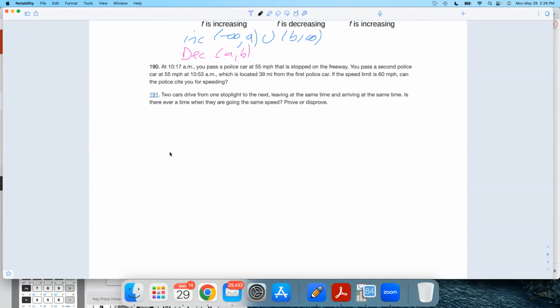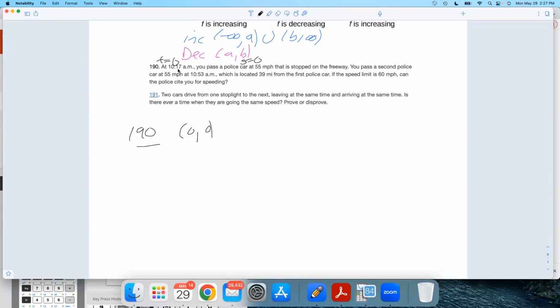Okay, so number 190 here, you pass a police car at 10:17. Let's call this time 0, so let's say that's t equals 0. And let's say this police car is at position 0.